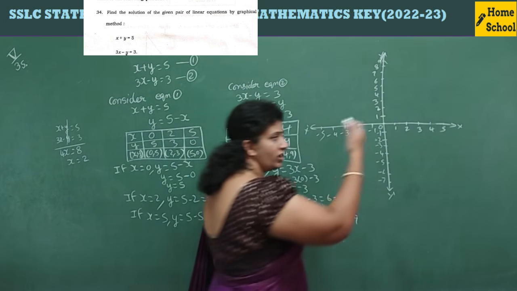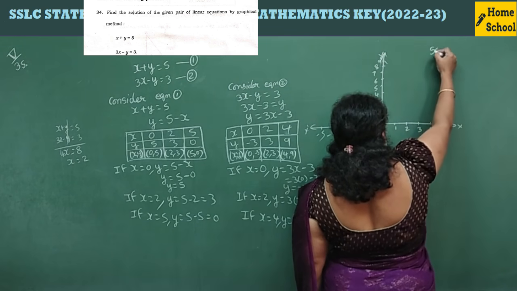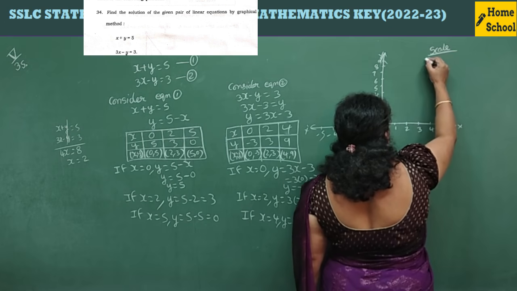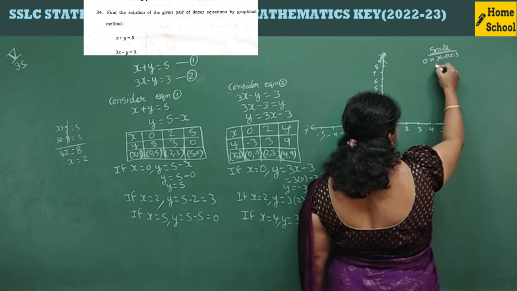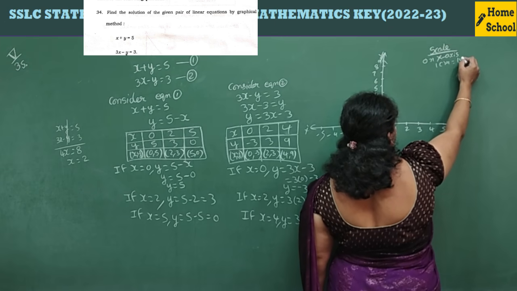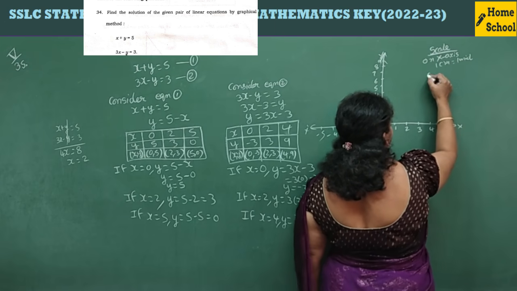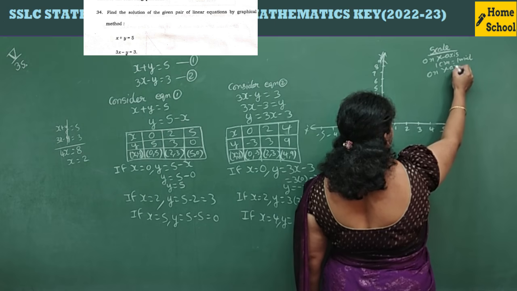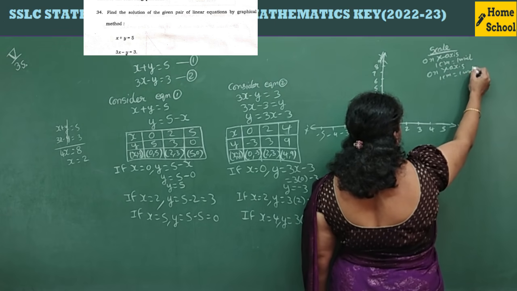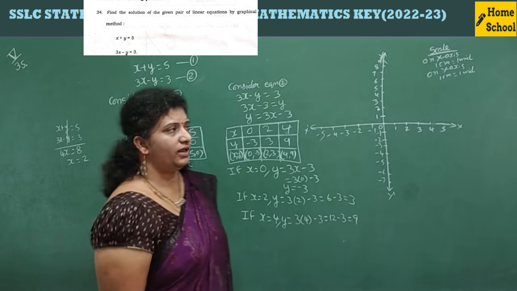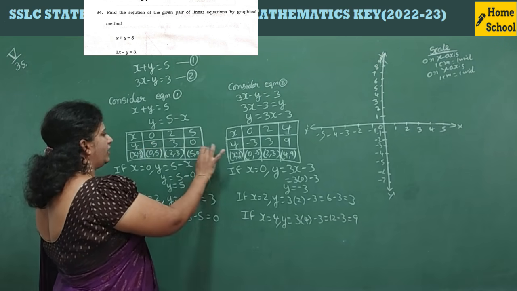And next step, what are you going to do? Write the scale on the right side top corner. On the x-axis, 1 centimeter is equal to 1 unit. On the y-axis, 1 centimeter is equal to 1 unit. Okay. Now start plotting these coordinates, children.